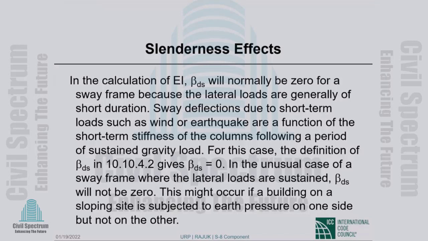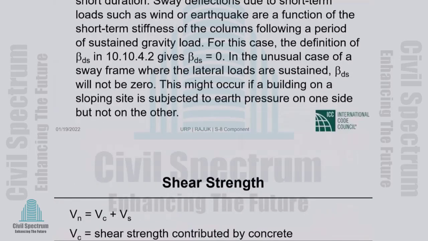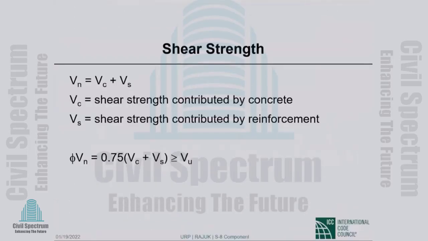So this is still sway frames, sway story. The deflections are being caused by lateral loads. So this beta sub ds goes back to sustained lateral loads, and it is saying that sustained lateral loads are basically uncommon.